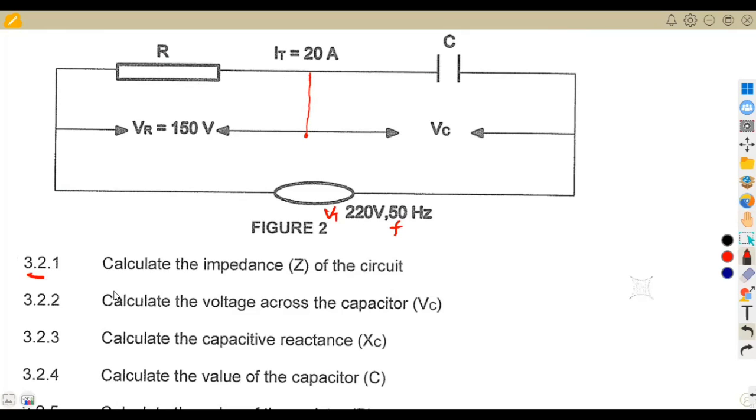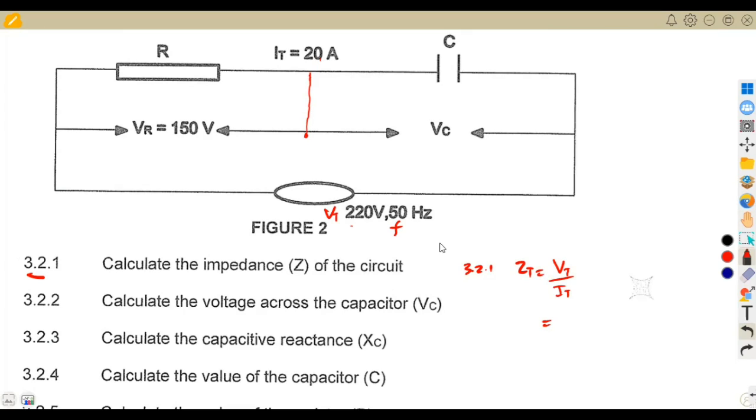Let's see. 3.2.1, calculate the impedance Z of the circuit. Where can we obtain the impedance? We've got the total current and the total voltage, so the total impedance is simply going to be the total voltage over the total current.